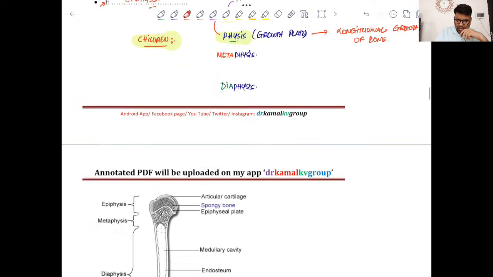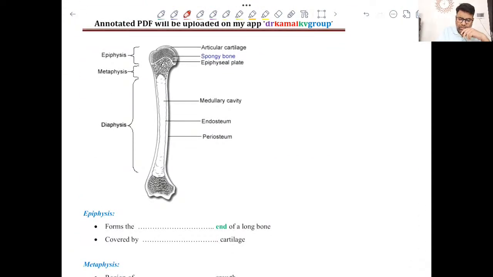Clear? So if you look here, this is all epiphysis, right? This is all metaphysis, which is the expanded portion. Okay, so this is the expanded portion of a bone, and in the center we see all diaphysis, that is the shaft, right?